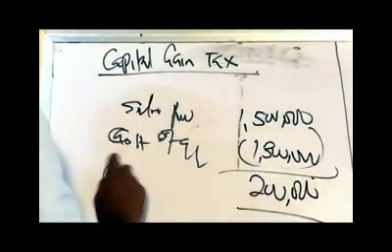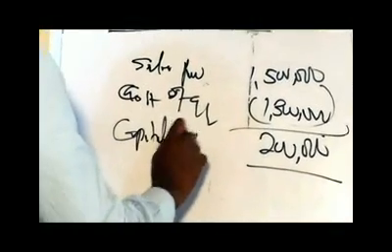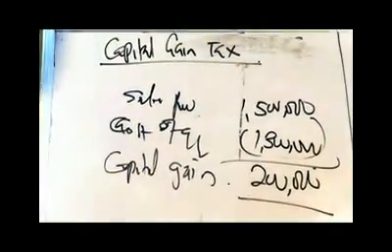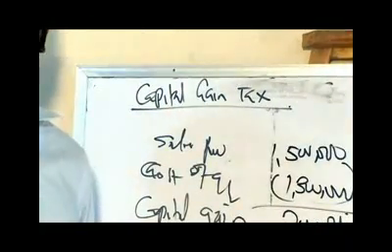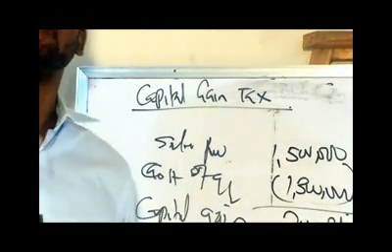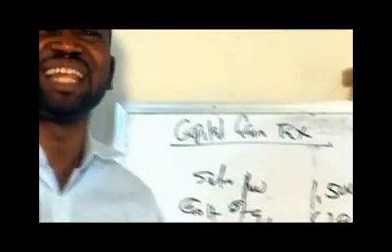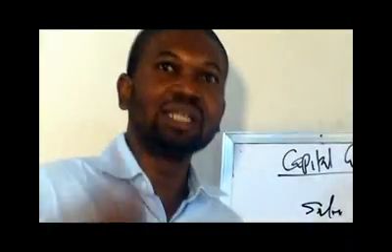I can now say the capital gain made on that asset as a result of disposal is 200,000. So when we say capital gain occurs when the sales proceeds on the disposal of an asset is greater than the tax written down value, at that point we can say there's a capital gain on the disposal.